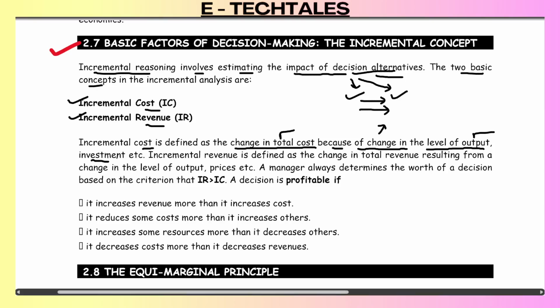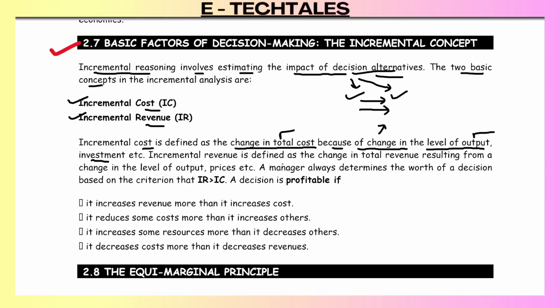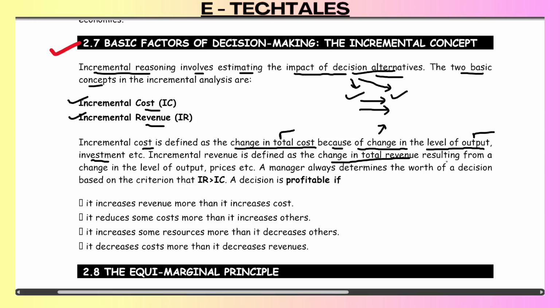It can be due to a change of output, it can be a change of investment as well. Now coming to incremental revenue. Incremental revenue is defined as the change in total revenue resulting from a change in level of output or prices. So here the cost is related to investment, and here the revenue is directly linked to prices.